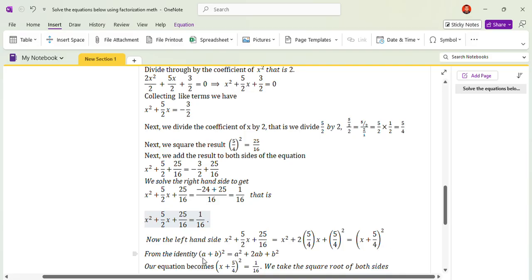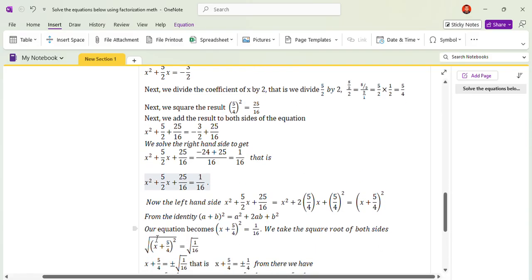From the identity, A plus B squared gives A squared, which is x squared, plus 2AB, that is 2 times x times 5 over 4, plus B squared, which is 5 over 4 squared. So our equation now becomes x plus 5 over 4 squared equals 1 over 16.